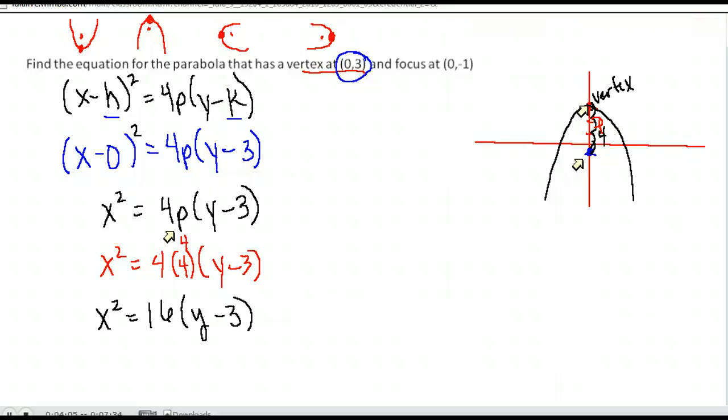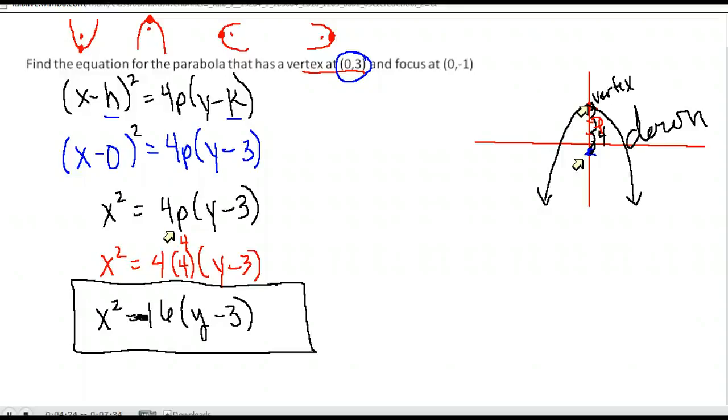Okay, and one more thing I want to check on is which direction did that parabola open, up or down? It opened down, and we know if a parabola opens down, this number in front should be negative. Another way you can tell that was negative is because we went down to our focus point instead of up. So there you go. x squared equals -16 times y minus 3.